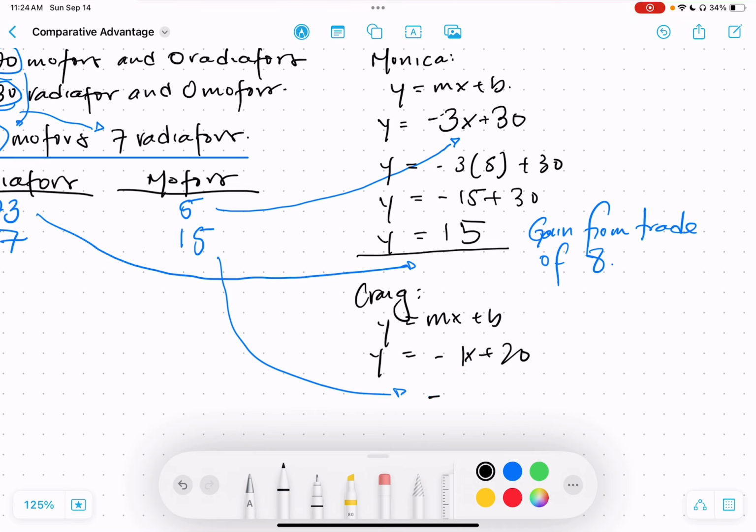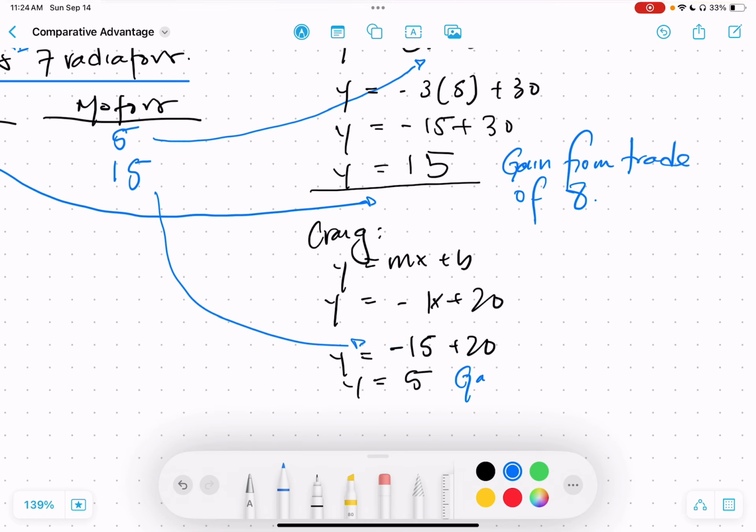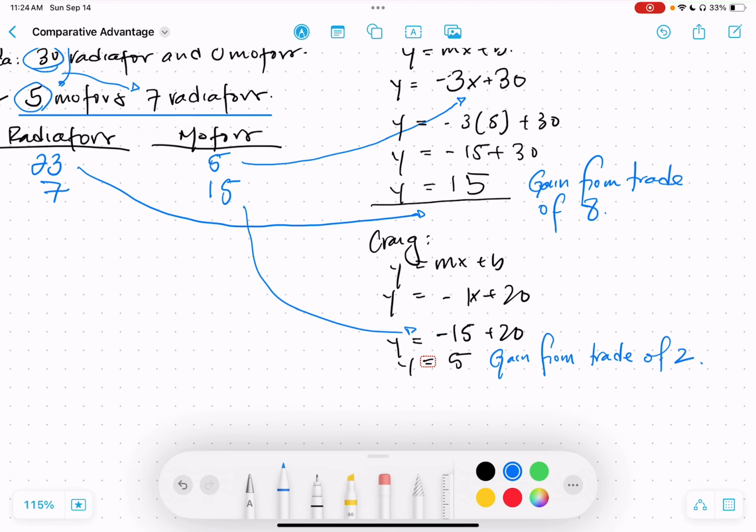Negative 1 times 15 is just -15 plus 20. Y equals 5. Okay. Gain from trade of 2. Pretty simple once we do it that way.